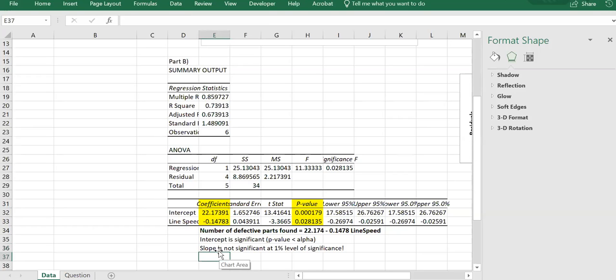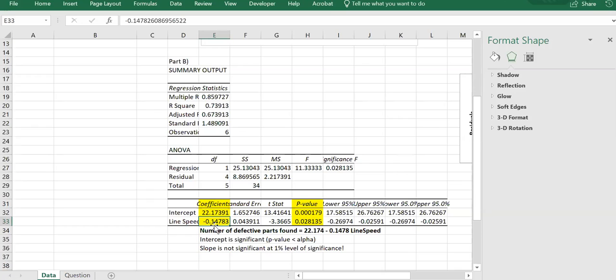How do we interpret the estimated coefficient? So this says as the line speed increases by 1 unit, the number of defective parts found decreases by almost 15 unit.